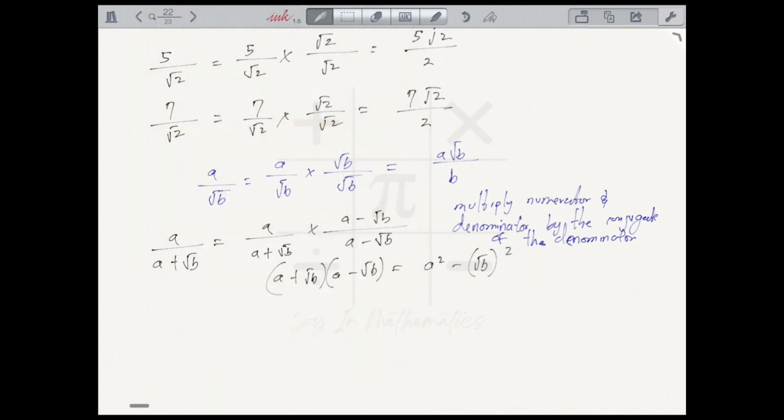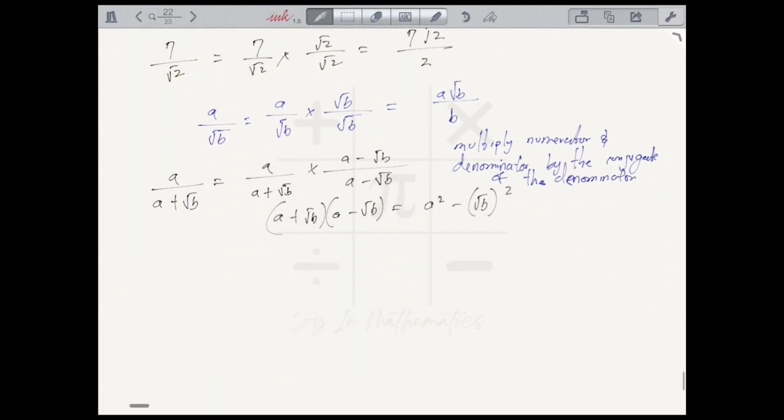Now, a quick recall on the conjugate: if we have a plus root b and a minus root b, because they are conjugates just like we did in the previous video, this will give us a squared minus root b squared.